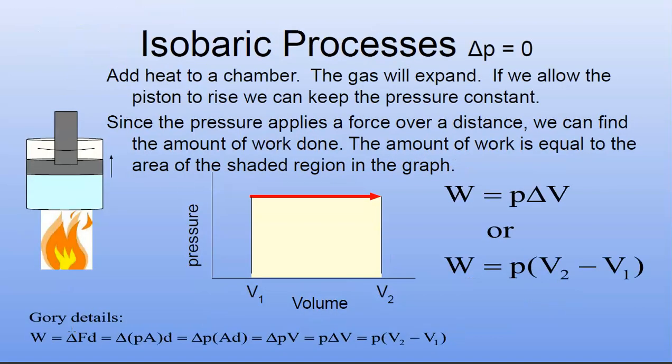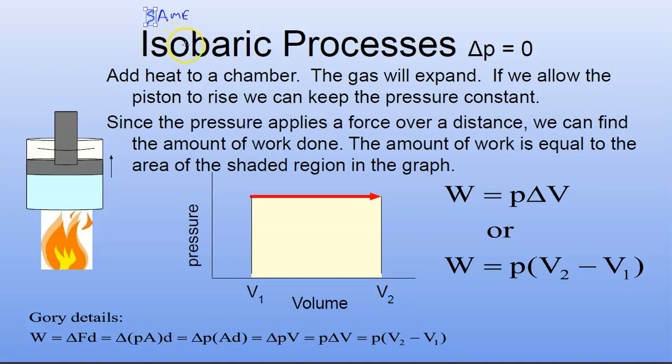Okay, I got 4 different processes here I'd like to walk you through real quick. This first one is called an isobaric process. And when I say process, I really mean a set of steps that kind of happen in a particular way. So this word isobaric is interesting. Iso means same.